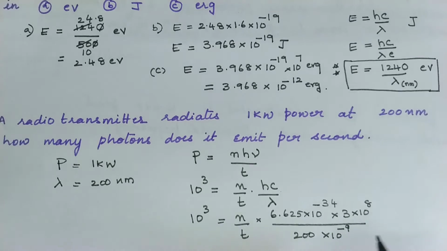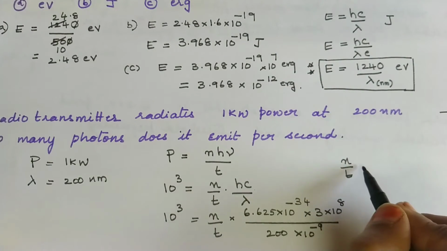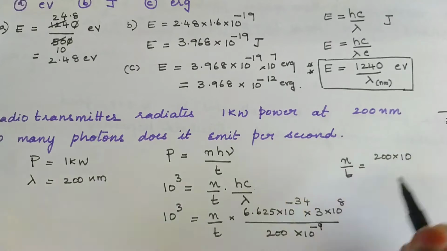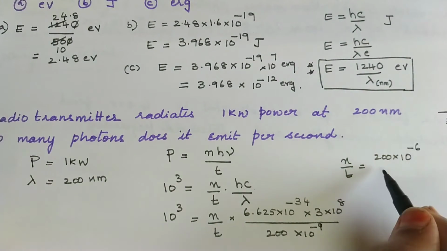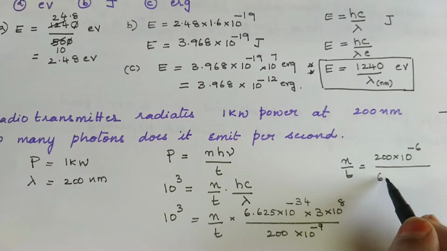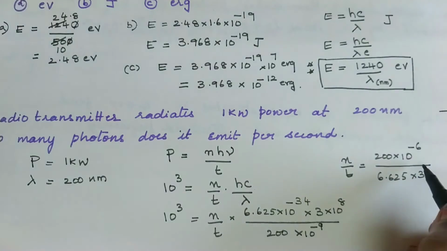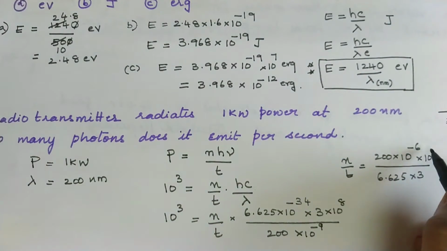Since we need the value of n by t, n by t should be equal to 200 into 10 to the power minus 9, plus 3, which is minus 6, divided by 6.625 into 3. I'll write the power in the numerator: 10 power minus 34 will become 10 to the power plus 34 minus 8.